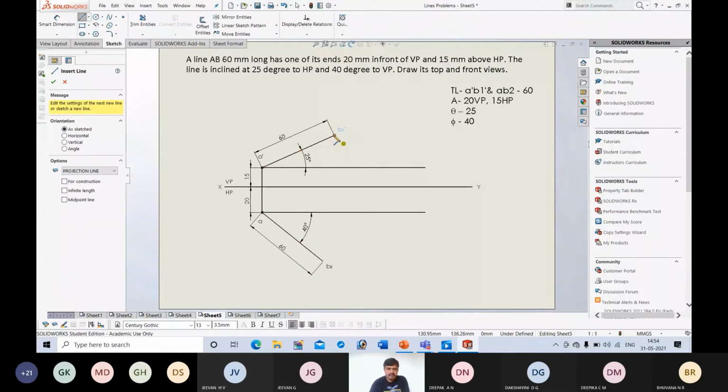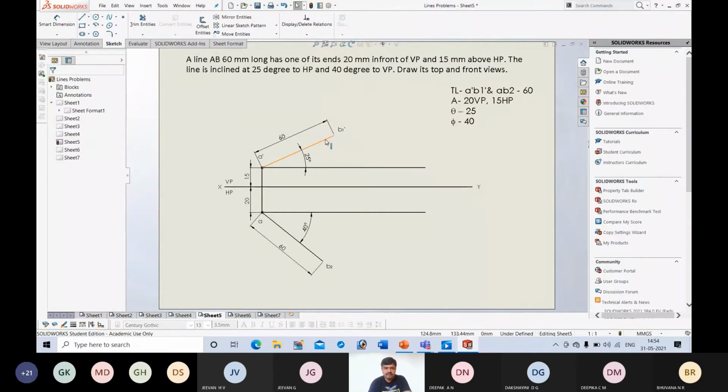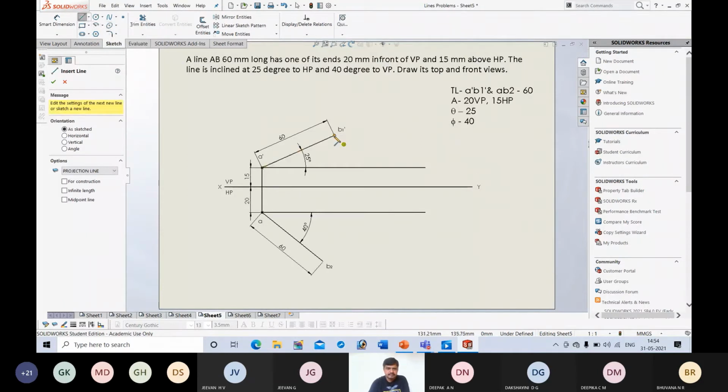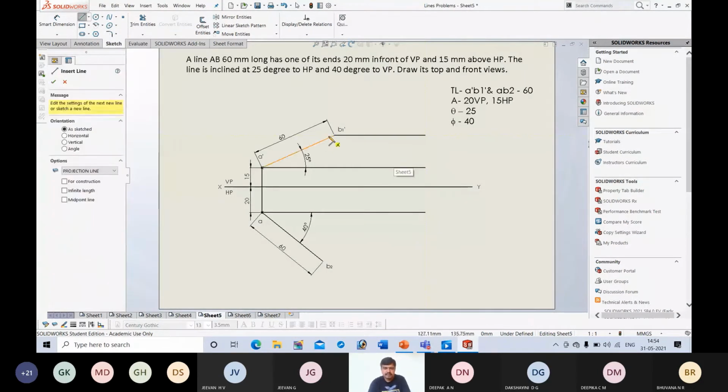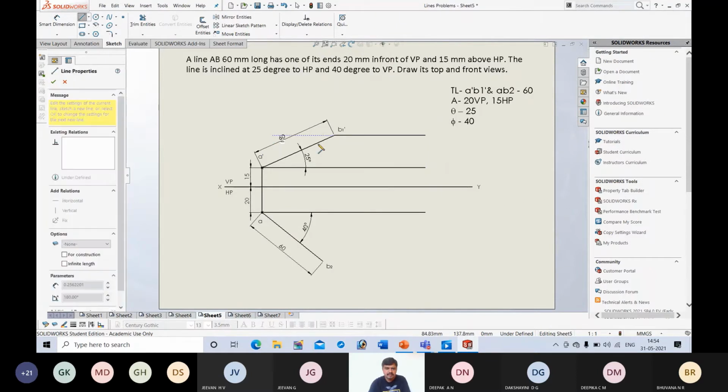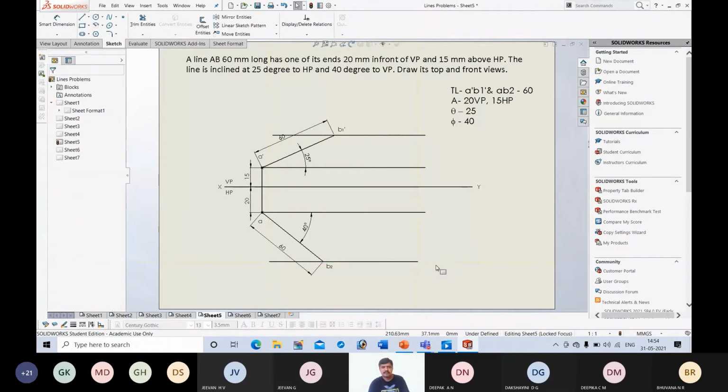So I will draw the locus of B, that means a horizontal line passing through this point B. I will draw it on both sides to a convenient length. Next, here also I will draw a locus. This is a convenient length, need not measure.